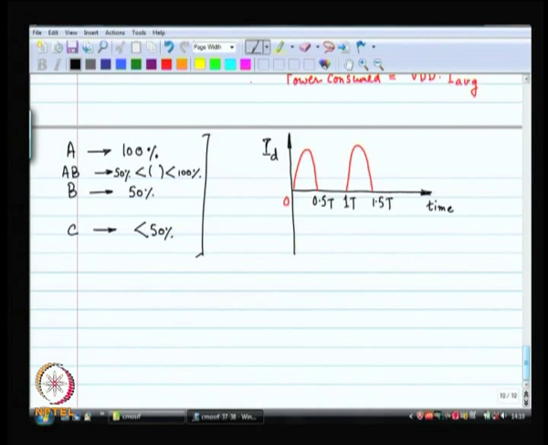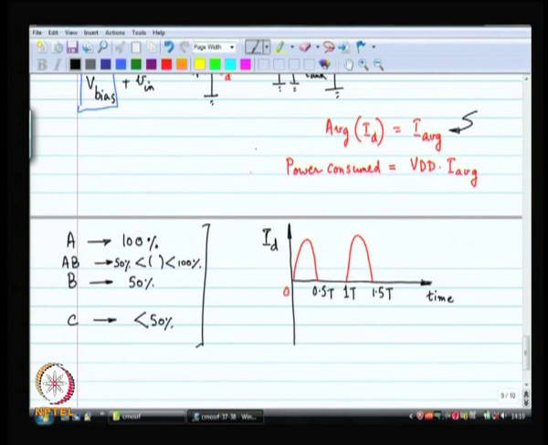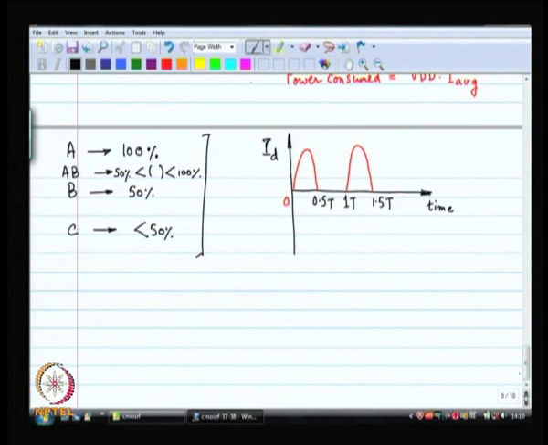So, if this is the graph of the drain current, what is the average of the drain current? Because the average of the drain current is I average. All right. So, the average of the drain current, okay, let us first choose a maximum. Let us say this is called I max, or sure I max.